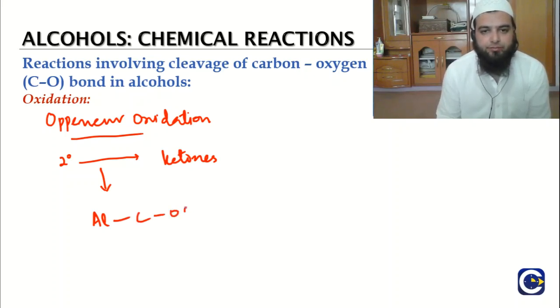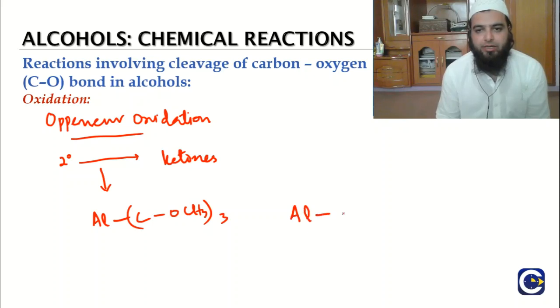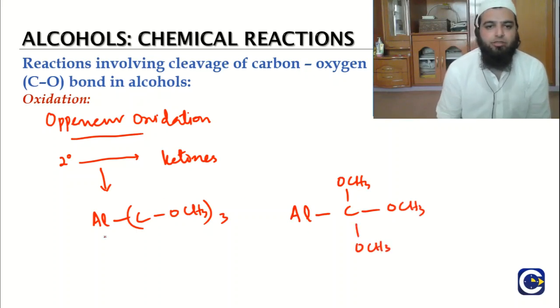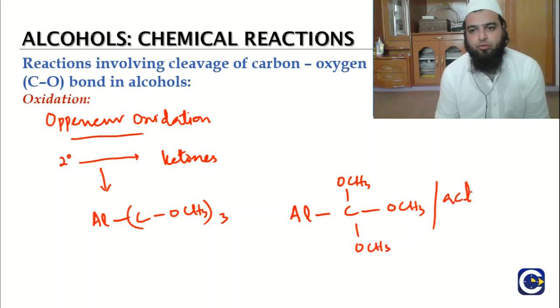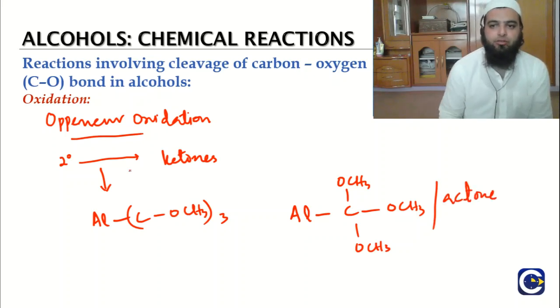We can expand it like this: aluminium attached to three isopropoxide groups, OCH(CH3)2. This is the oxidizing agent that we use in the Oppenauer oxidation. It converts secondary alcohols into ketones, and the reaction is carried out in excess acetone as the solvent.